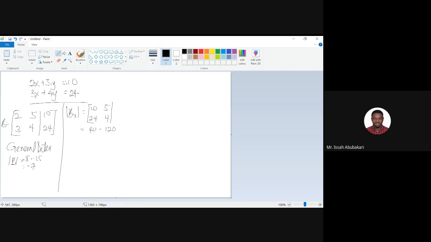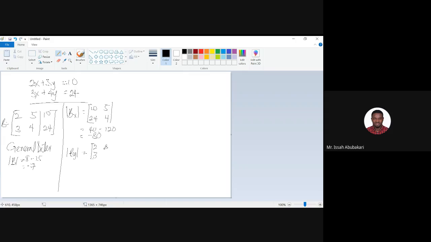Yes. So at the end, we get our answer to be minus 80. And then we solve for the determinant of By. The determinant of By is equal to 2, 3, because we go back and write the original x values and then replace the y values with the b.